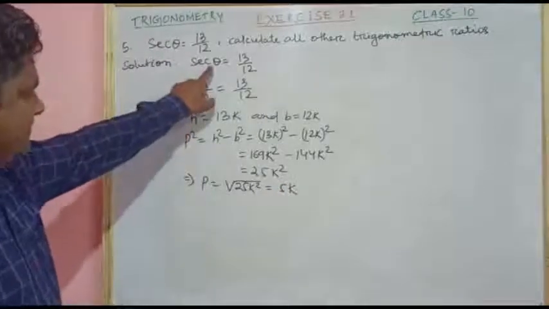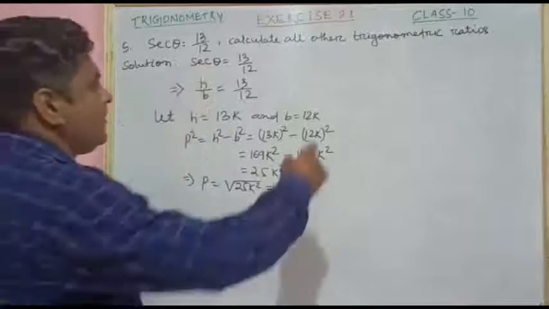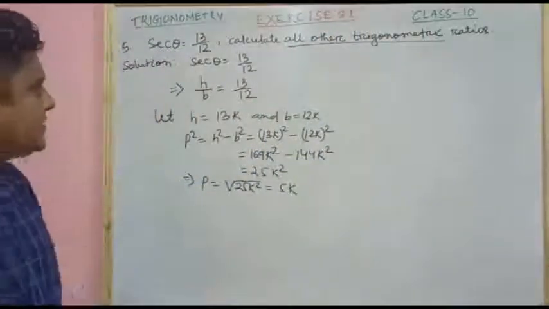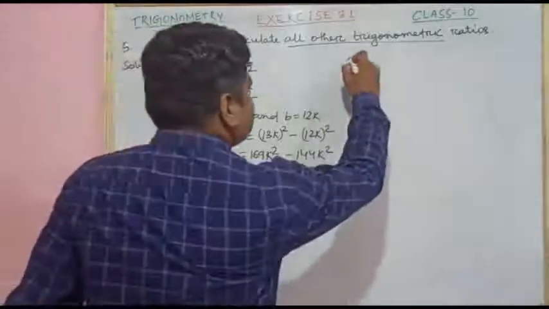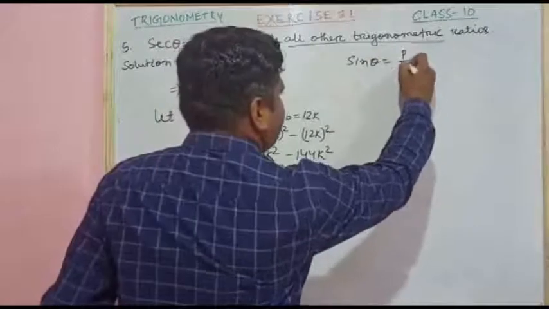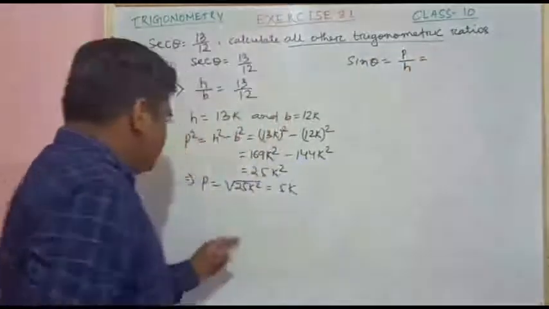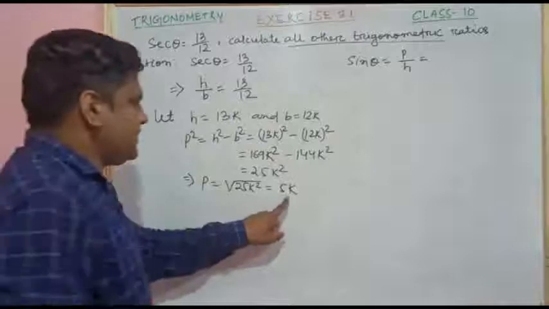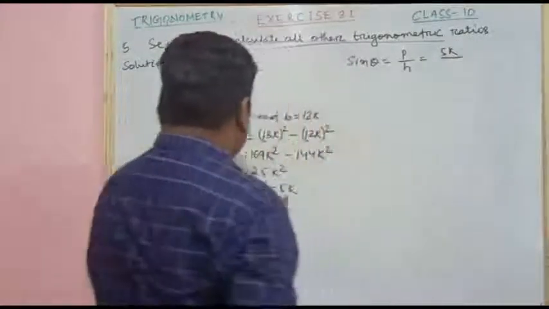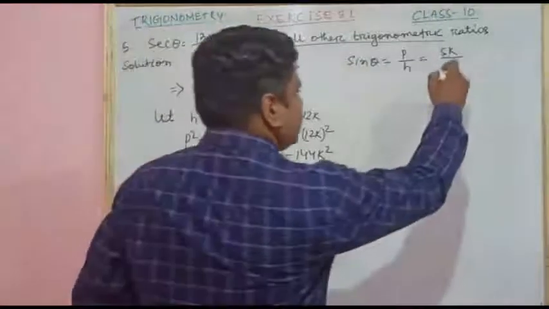Sec theta is given, so we have to find all other trigonometric ratios. First one, we have to find sin theta. Sin theta, we know that it is the ratio of perpendicular and hypotenuse. So in place of P we can write 5K, by in place of H we will write 13K.